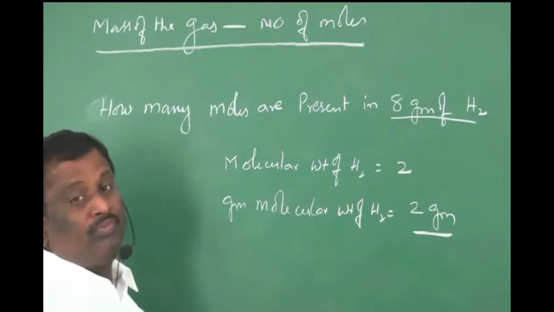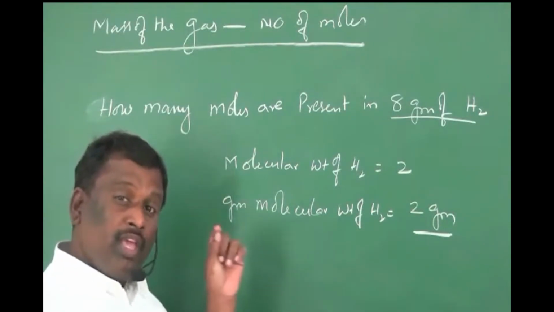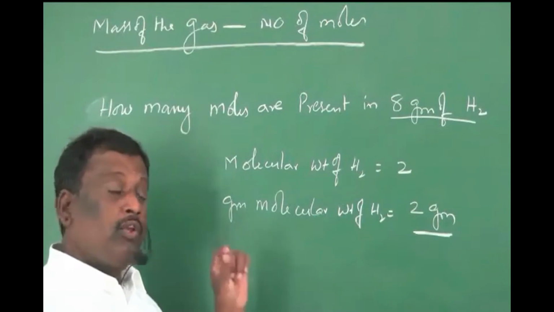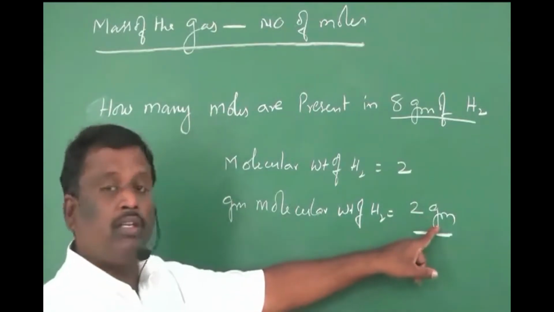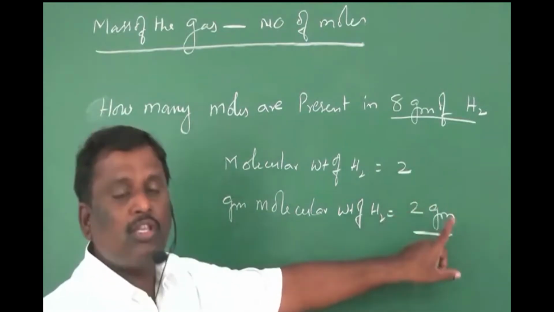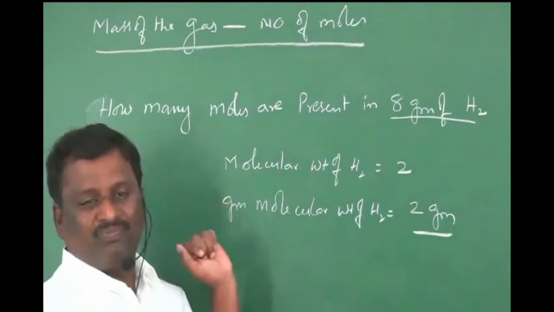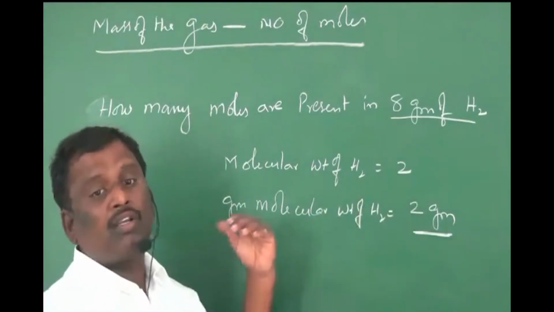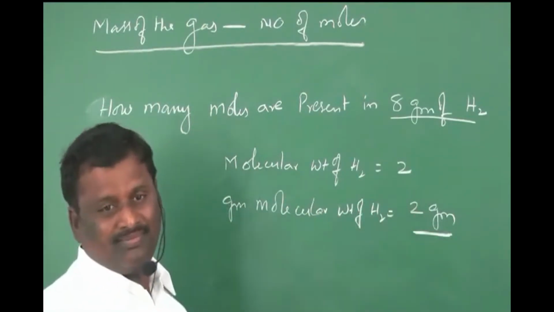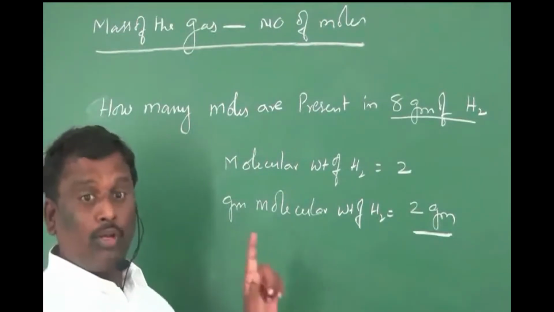Molecular weight is 2, but gram molecular weight is 2 grams. If they ask you gram molecular weight, you should specifically mention the unit also, 2 grams. 2 grams of hydrogen only is said to be 1 mole, not 2 milligrams or 2 kilograms. So unit is more important.